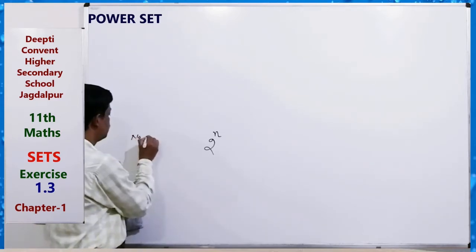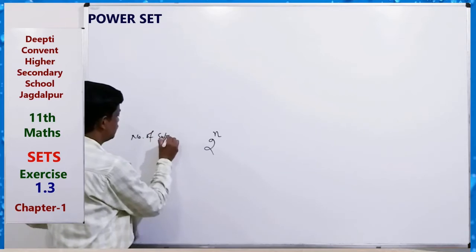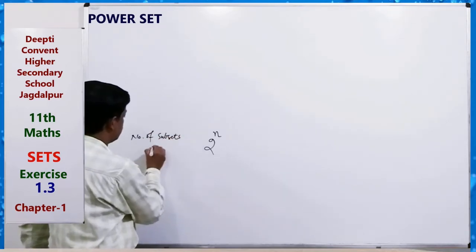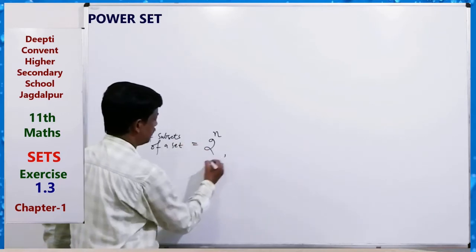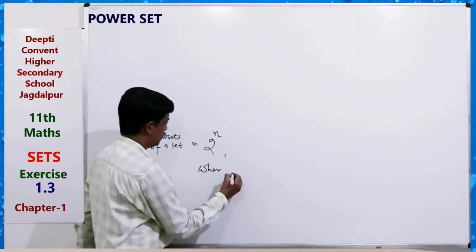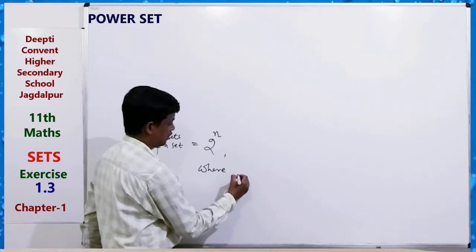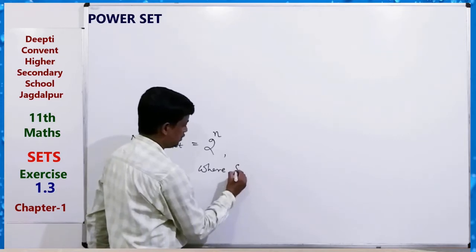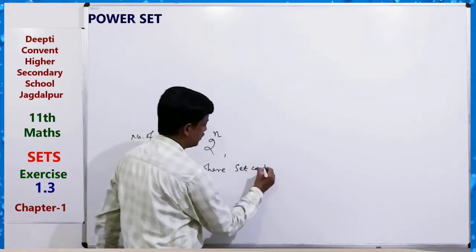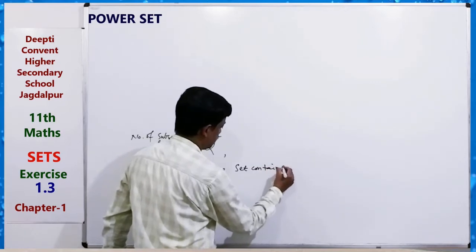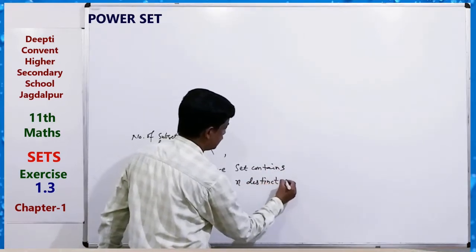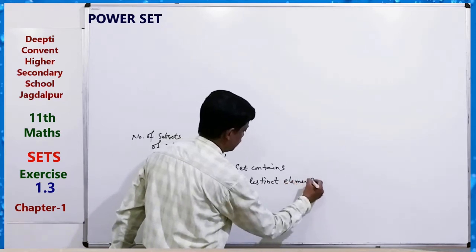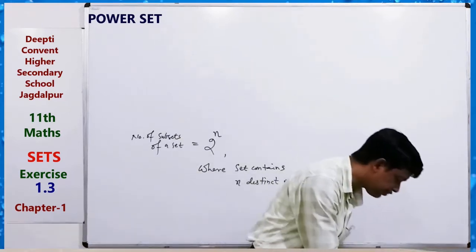The number of subsets of a set is equal to this, where the set contains n distinct elements.